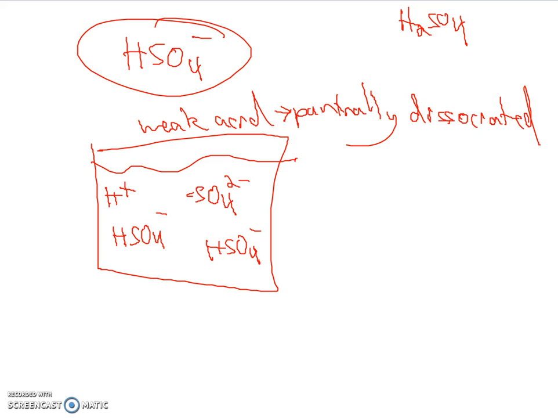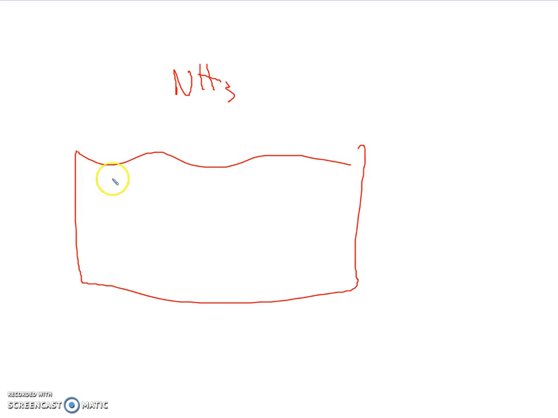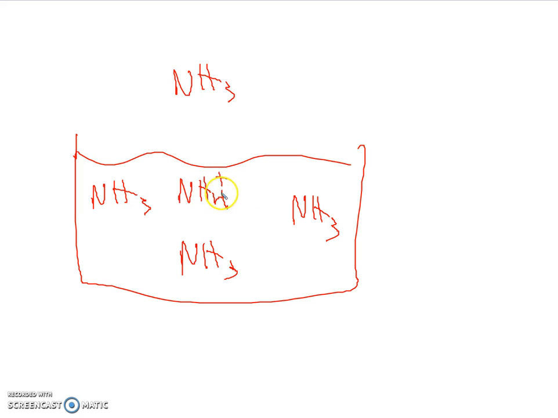It's going to be the same thing for weak and strong bases. They're going to partially dissociate or completely dissociate. So for something like NH3, which is a weak base, in water, you're going to have mostly NH3, but then you're going to have some NH4 plus, because it's gained an H plus, and it takes it away from water, so from the water you're going to have OH minus left over, because if you think about it, it's from H2O.